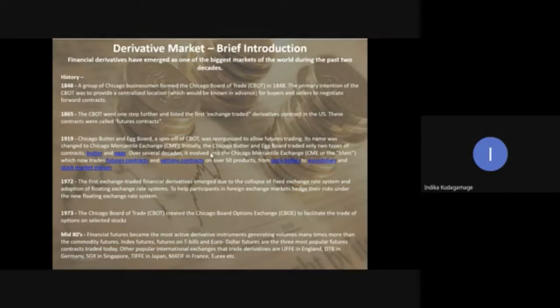Then in 1919, the Chicago Butter and Egg Board, CBOT, started dealing with these derivatives. Options, futures, all those things, mainly to deal on butter and eggs, but they had other commodities, pork bellies, eurodollars, everything.